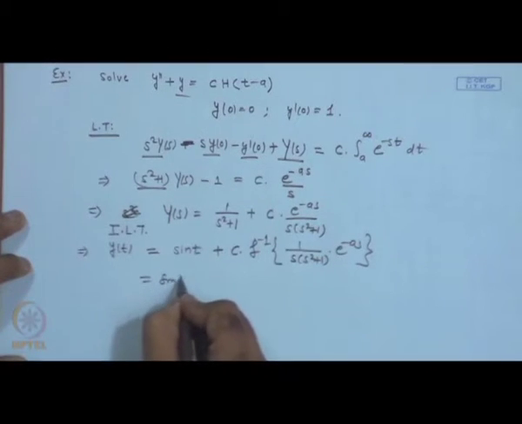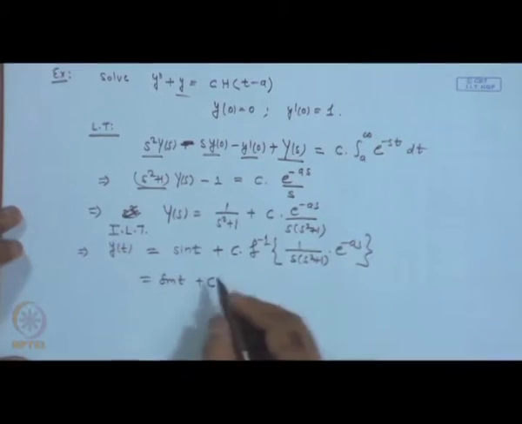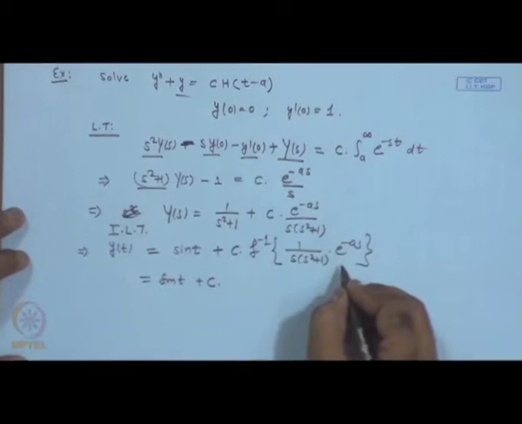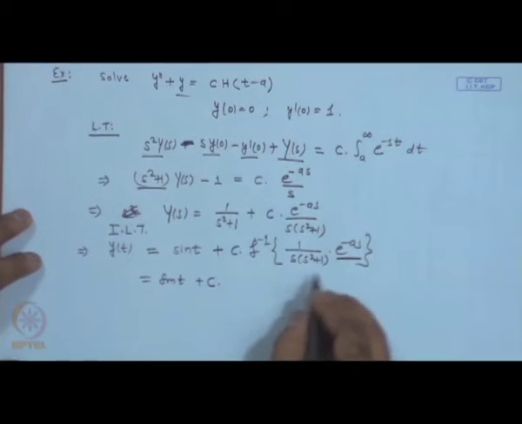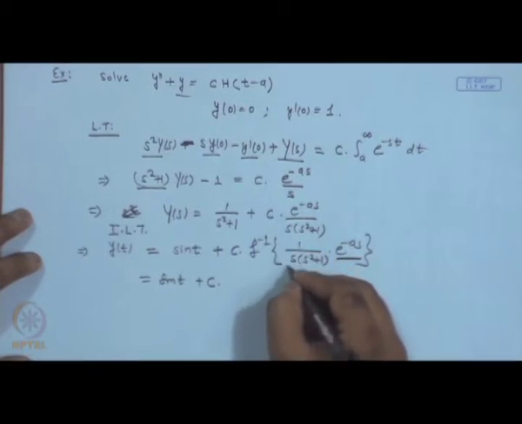So, again sin t plus a constant, and this uses the second shifting theorem, because e power minus a s is there, so we will have a shift in t. But first we need to know the Laplace inverse of this function.